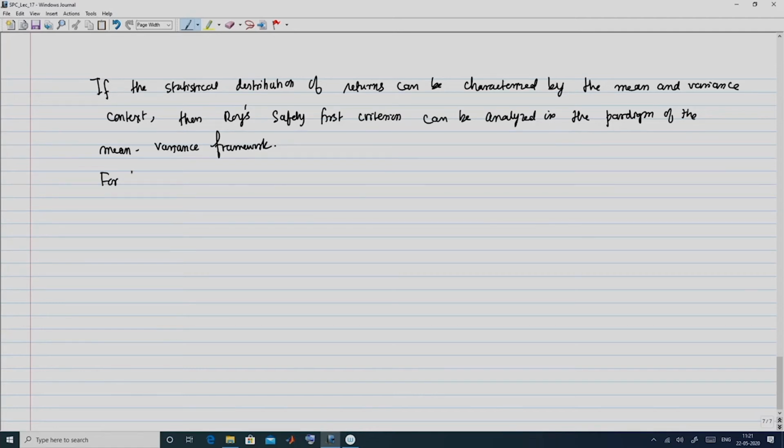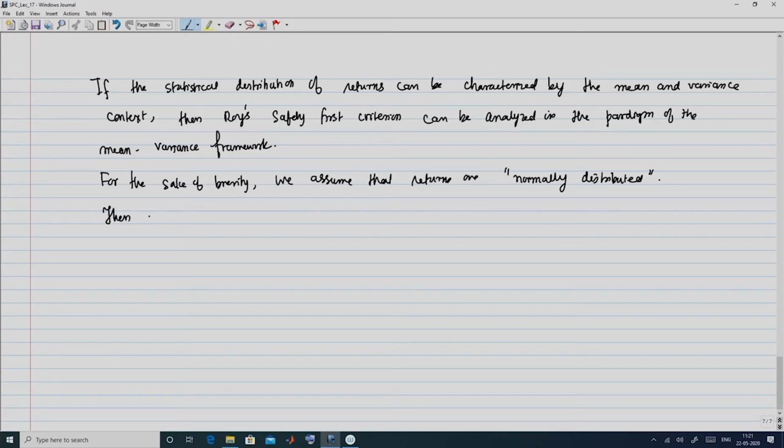So, for the sake of brevity, we assume that returns are normally distributed. Just for a simplistic case, we assume that returns are normally distributed.